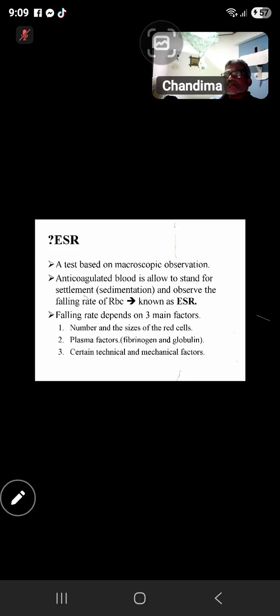If the cells attach, the red cell mass is going to be increased. In another way, we name it the formation of rouleaux. Cells are going to pile up, and the red cell mass is going to increase. Because of that, their falling rate is going to be increased. That's why in inflammatory conditions, higher ESR could be observed.